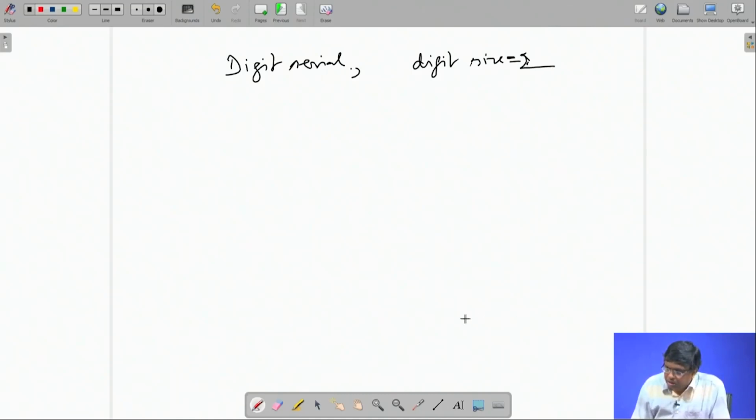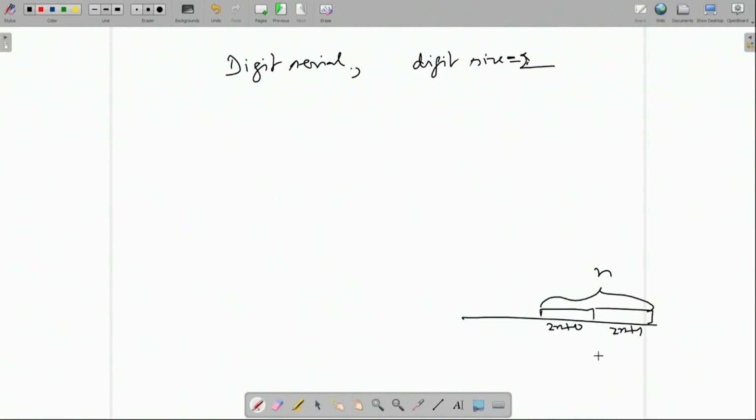So, in terms of timing diagram, the nth will be divided into 2 clocks, 2n plus 0, 2n plus 1. Like originally 0 1 for the 0th input word, then for the first input word 2 3 and so on and so forth, 2n plus 0, 2n plus 1.